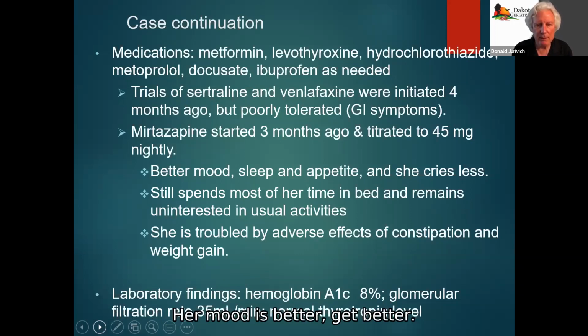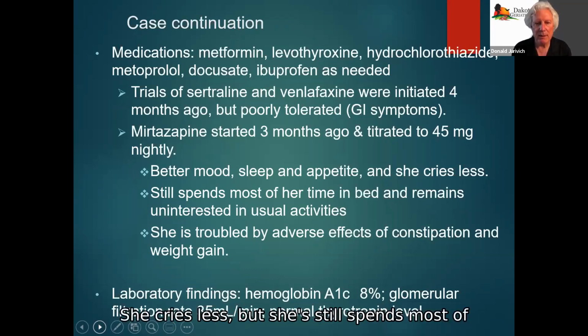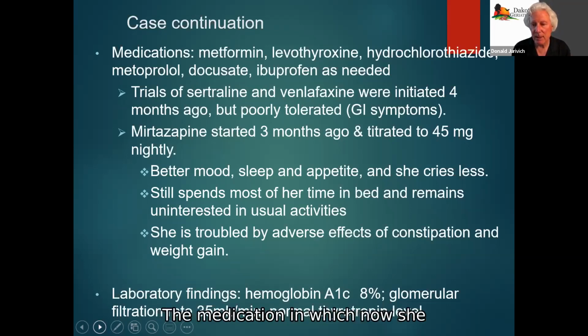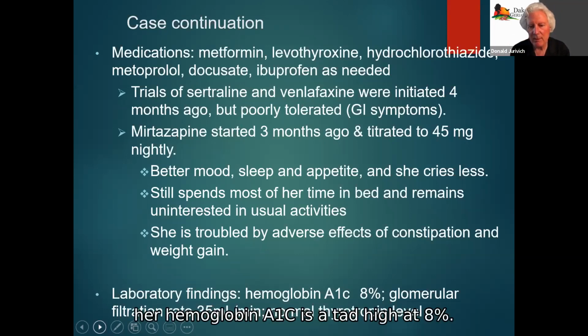Her mood is better. She's got better sleep hygiene and appetite. She cries less. But she still spends most of her time in bed and remains uninterested in usual activities. She is troubled by adverse effects of the medication, which now she says are constipation and weight gain. And the laboratory tests show that her hemoglobin A1C is a tad high at 8%.